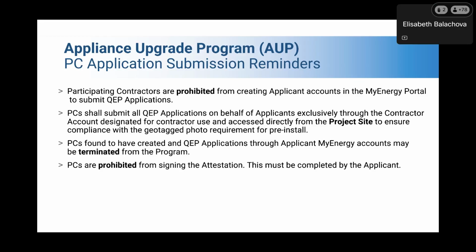So we just want to ensure that participating contractors are following the program requirements. And so we want to take the opportunity to go over the step-by-step process to make sure that we are on the same page on how these need to be submitted. So now I'm going to hand it off to Audrey, who's going to go step by step through the process in MyEnergy.